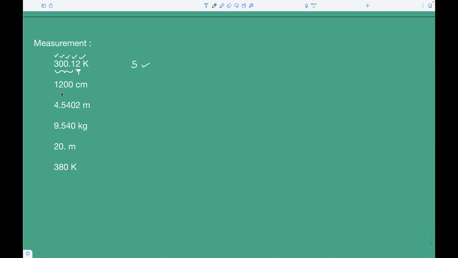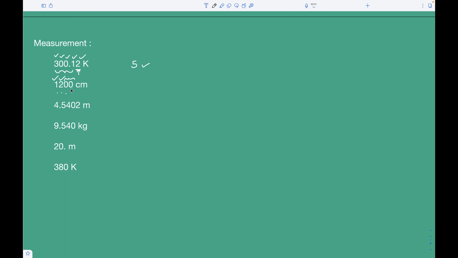And the next one is a weird one. Though there are 4 digits in this measurement, I am 100% confident about the value of only this digit. And I am reasonably confident about the value of the second digit from left. But I know nothing about the values of these 2 digits.